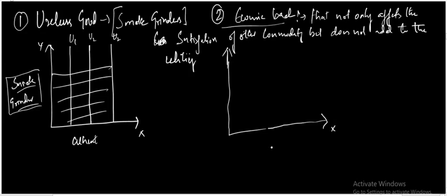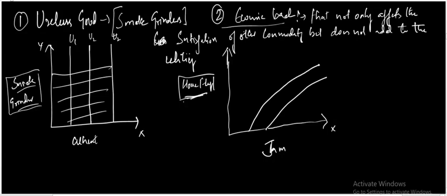Say for example, I have this fruit jam on the x-axis, and I have these house flies. Now I do not want these house flies, so this is definitely a useless good. However, these house flies are disturbing the utility of the commodity of the jam.